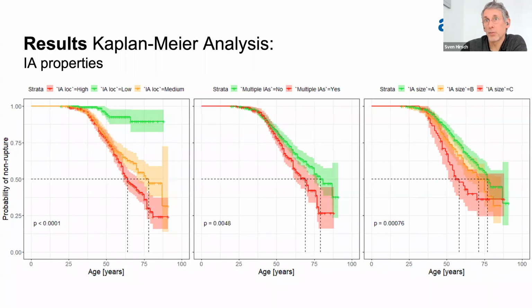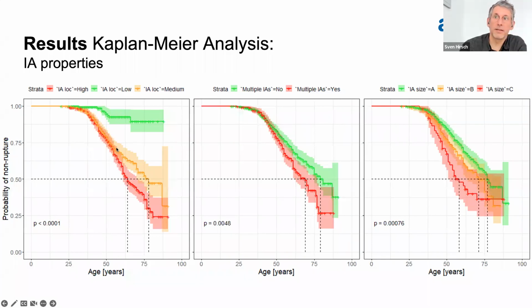One interesting part is also when you're looking at different risk locations. Philippe, our clinician, has a scaling where PCOMs and ACOMs are high risk, MCAs are mid risk, and the others are the rest. If you do that and look at the age, so the onset of rupture, you can see that the red and the orange, the medium and high risk locations, have pretty much the same onset, and that they split at a later, higher age.